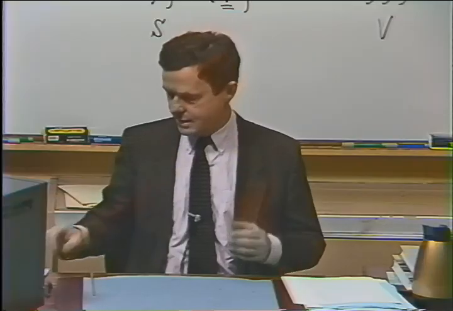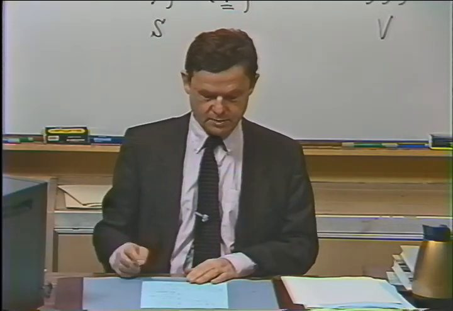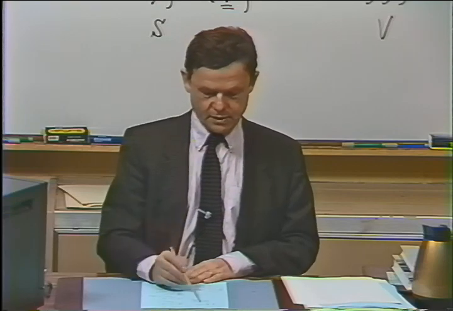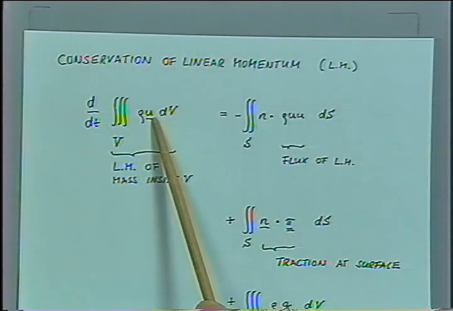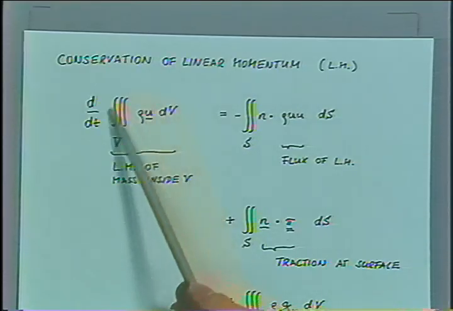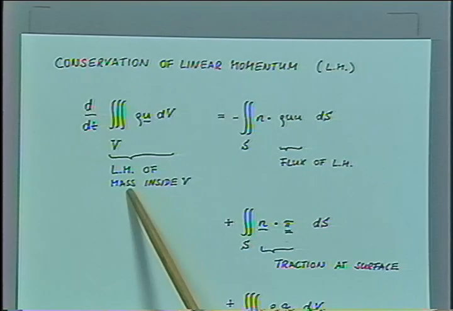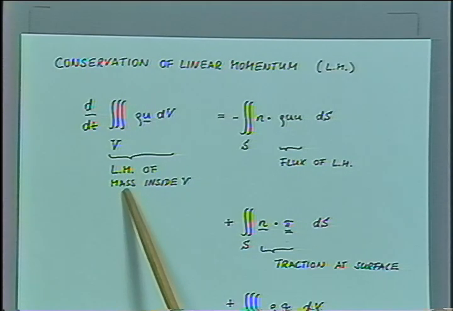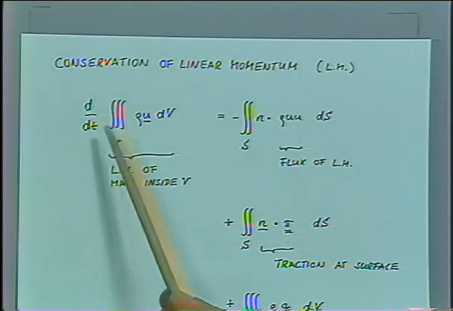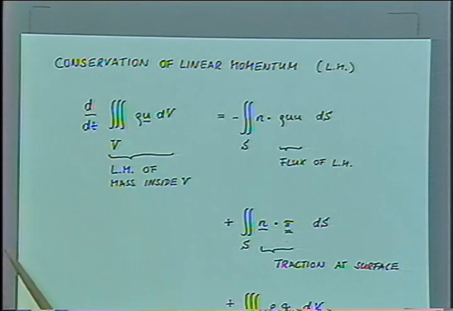So we have to write down a balance of the linear momentum within the volume element. So if this is the linear momentum, rho times u, per unit volume, integrated over the whole volume element, that will give us the total linear momentum. I just wrote down Lm for linear momentum for the mass of material inside our volume. The time derivative, again, gives the rate of change of that linear momentum.